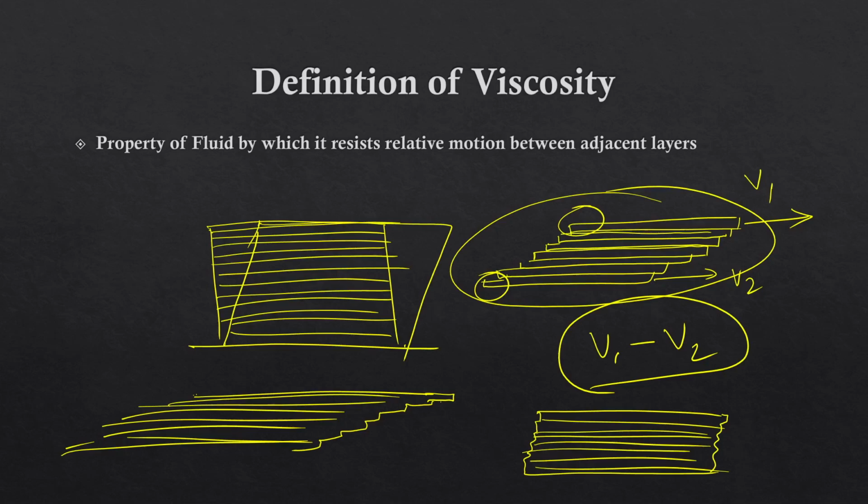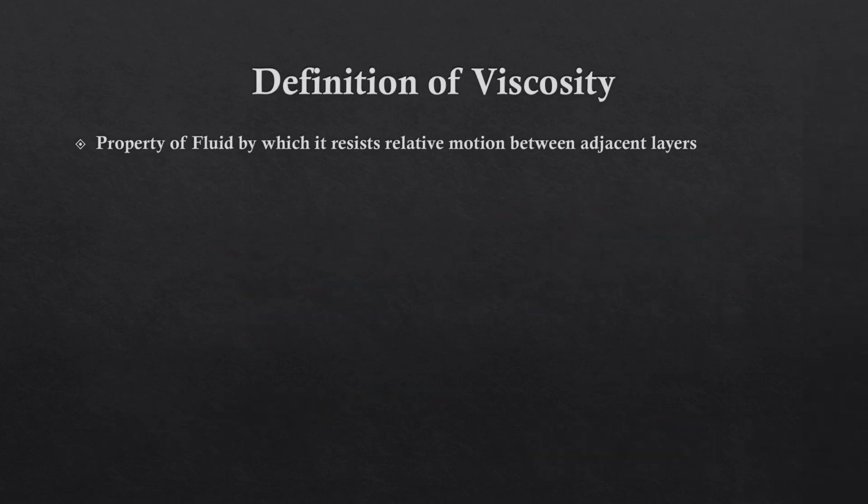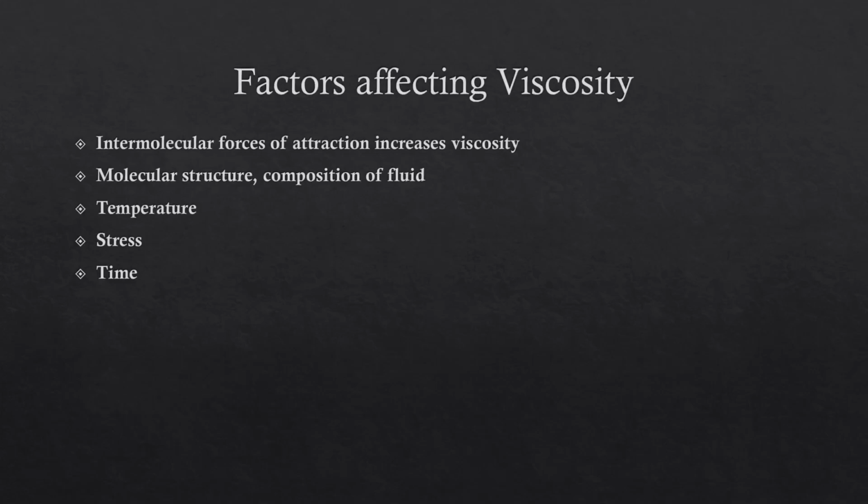So if viscosity increases, the relative velocity or the relative motion will be reduced, and if viscosity is low, then the relative motion will be increased under a given constant shear stress. So this is the definition of viscosity, and now let's go to the factors affecting viscosity.